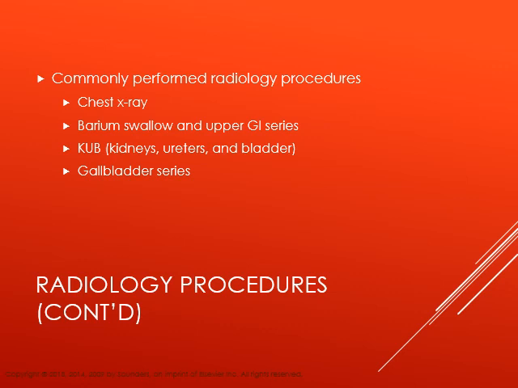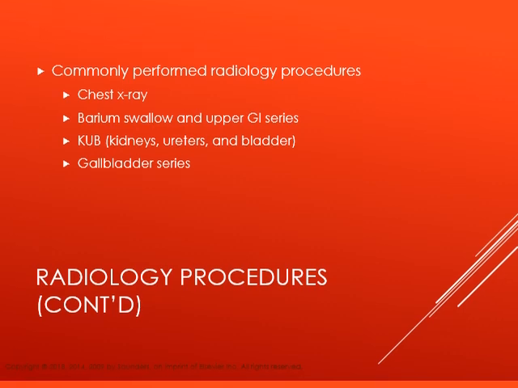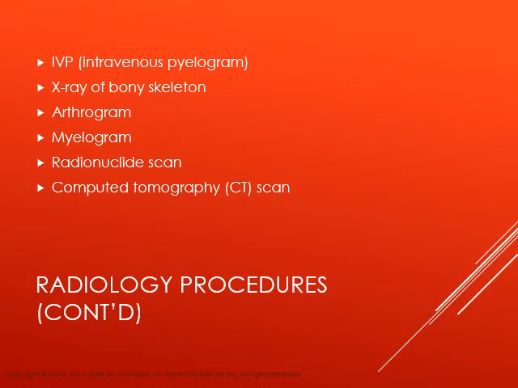Familiarize yourself with these procedures because it's important for you as a nurse to educate your patients on the proper special preparations. Additional radiology procedures are your IVPs, X-rays of bony skeleton, arthrogram, myelogram, radionuclide scan, and your computed tomography scan, also known as your CT scan.